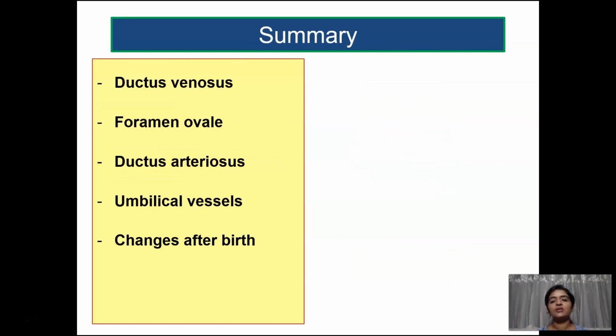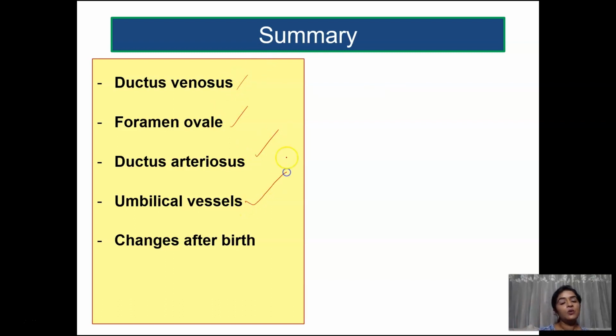In order to summarize, we have already mentioned that there are the ductus venosus, foramen ovale, and ductus arteriosus for the continuity of blood, so that oxygenated blood reaches the ascending aorta for the developing brain. That is the reason why we have many shunts, to prevent deoxygenation of the blood.